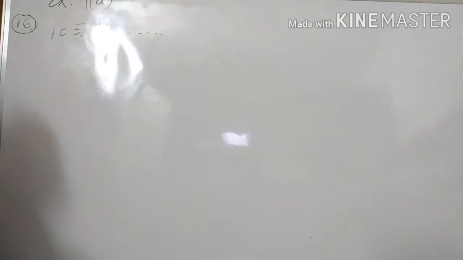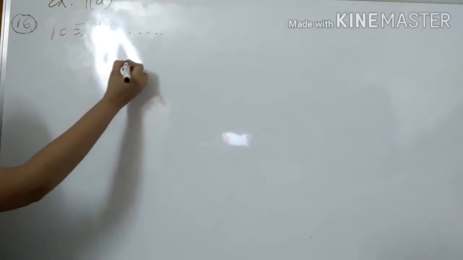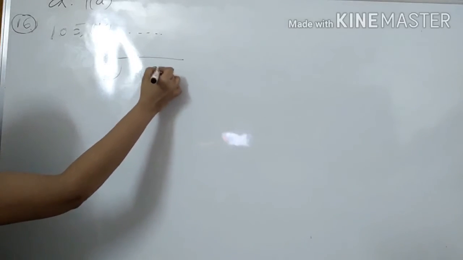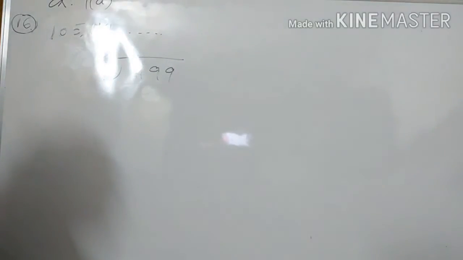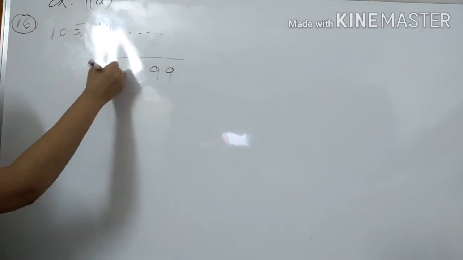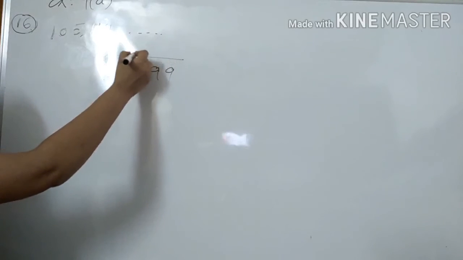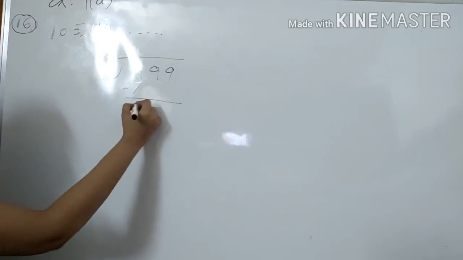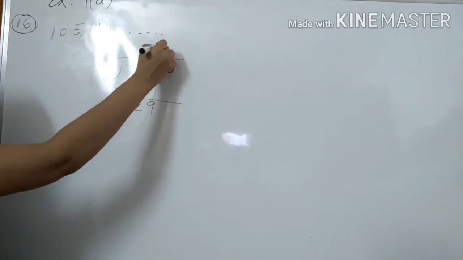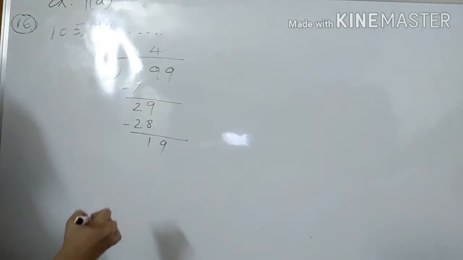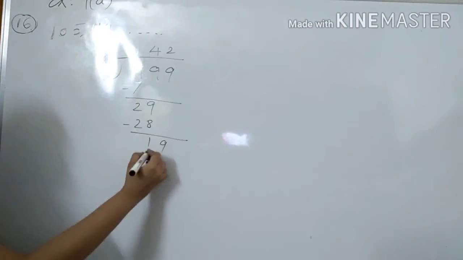And so on. We need the last number of this AP. So how do we get this last number? For that we have one method here. I write first 999, the highest 3-digit number, and I'll divide it by 7. So by taking division, you see 7 ones are 7, 2, 9, 7 fours are 28, 1, 9, 7 twos are 14.